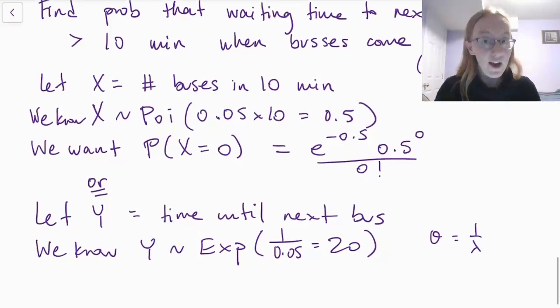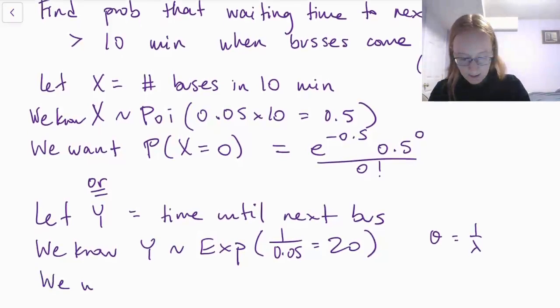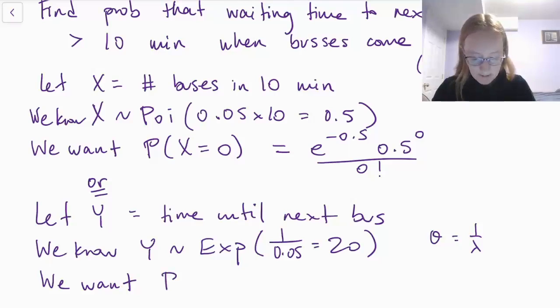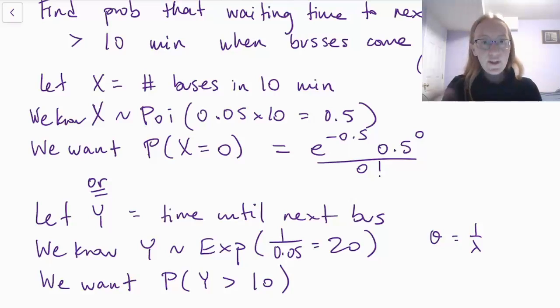And we want, in this case, if we want the probability that the waiting time to the next bus is greater than 10 minutes, this is a little bit more obvious. We want the probability that y is greater than 10 minutes. And so for that, we can use, well, it's 1 minus the CDF of this exponential distribution.